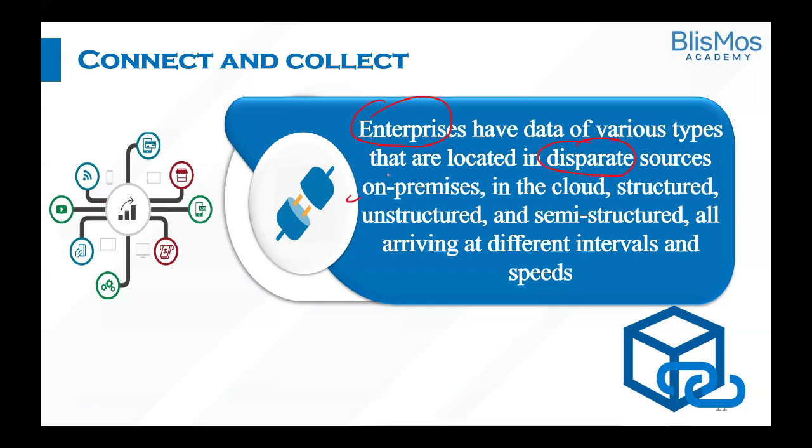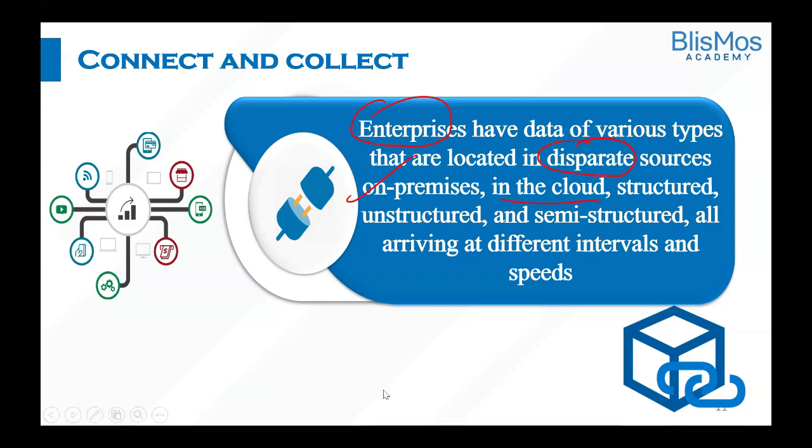It can be on premises, it can be in the cloud, it can be structured, semi-structured, or unstructured, and the data is not produced at the same interval, right? When we talk about data, it is not simple and straightforward. There are so many dimensions to that, right?